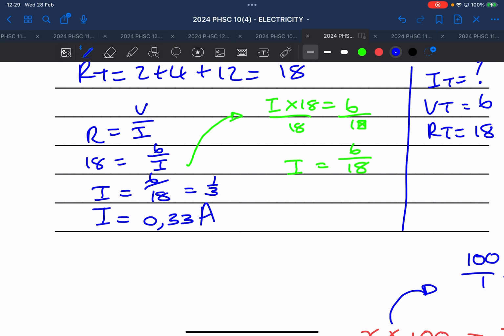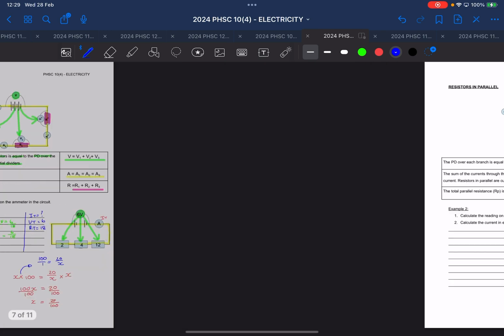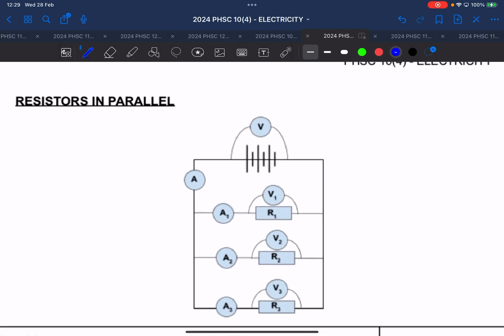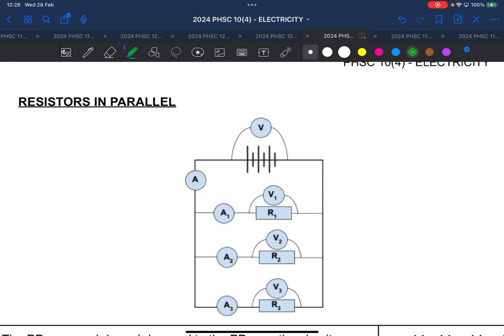Yes? Yes. All right. Now we're going to go to a parallel circuit. So here you walk. Everyone needs to pass through that ammeter. So that ammeter measures the total current. And then you have a choice.